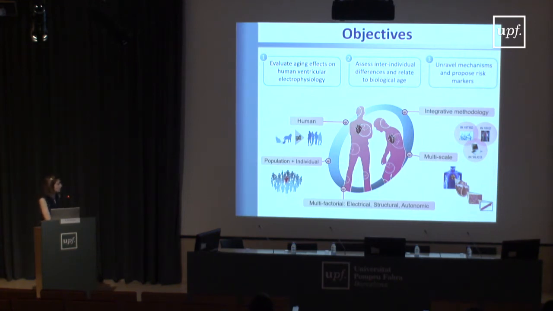Also, rather than considering only the effects at the population level, so eventually how aging generally affects the population, we want to understand what I was mentioning before, inter-individual differences. And we'll make the effort to go to human. We've done several studies on animals because we have a more controlled situation and we can optimize all the techniques, but eventually we'd like to do everything in human.